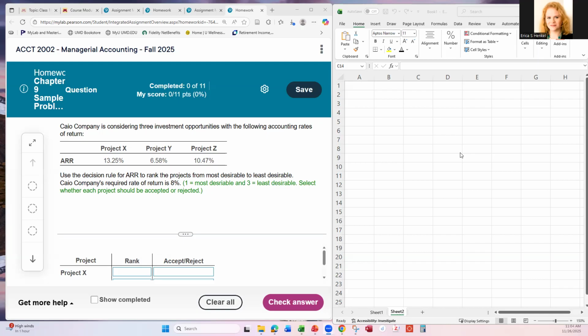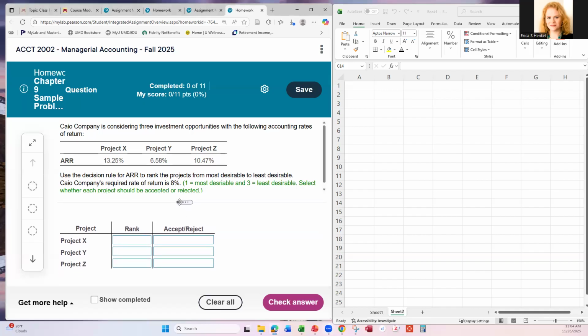So I want to have everybody take a second and look at these and figure out which ones of these are most desirable to least desirable based on these rates of return, and then determine which of these would be acceptable or not acceptable. So take a second and go ahead and take a shot at those, and then we'll go over these in a second.